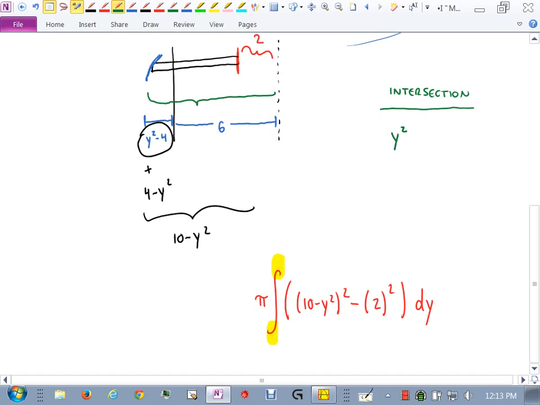It was y squared minus 4 equal to what? 4. So y squared equals 8. So y is equal to plus or minus the square root of 8. Right? Those are your 2 points, plus and minus root 8. So that's your negative root 8 and positive root 8 here. And we're done.